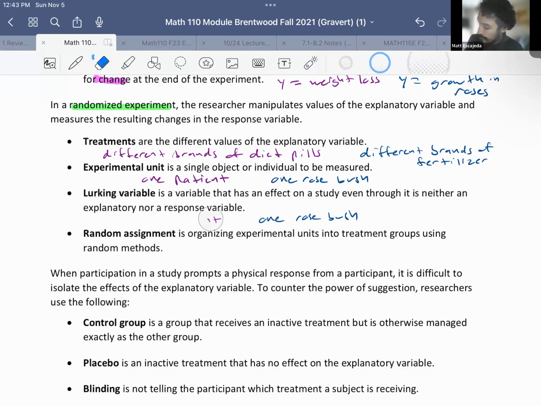Okay, so those are experimental units. The single object or individual being measured.